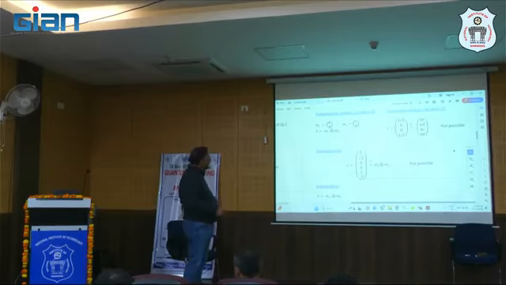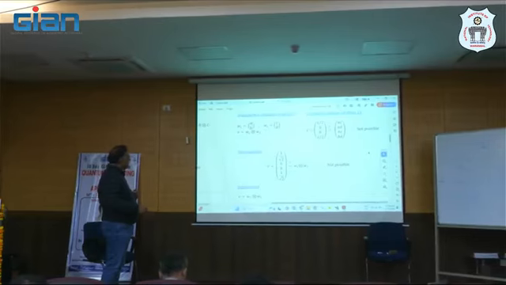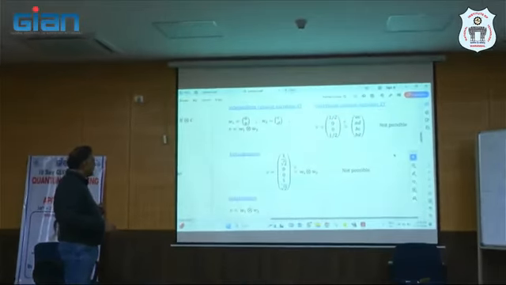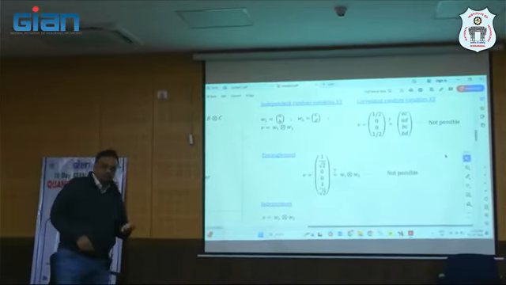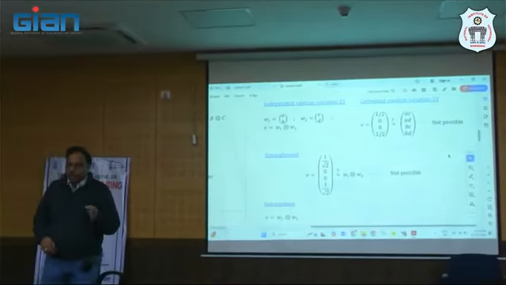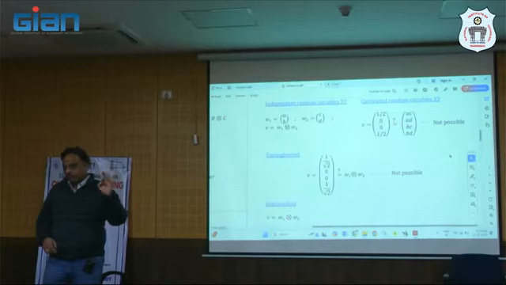You see, if I have a W1 which is (A, B), W2 which is (C, D), I can have V which is W1 tensor W2. Now, when I can express V as the tensor product of two vectors W1 and W2, then I would like to call it an independent system.